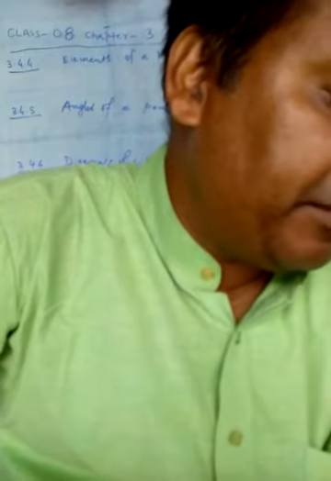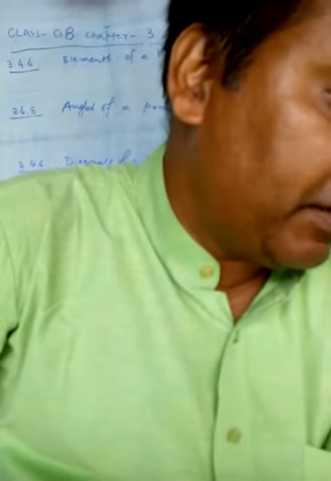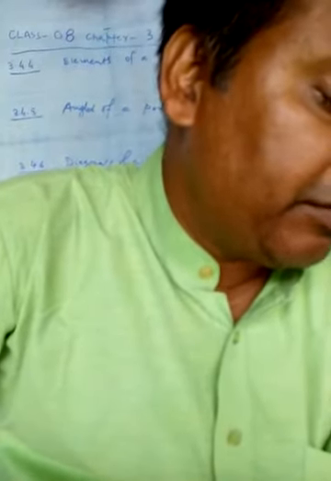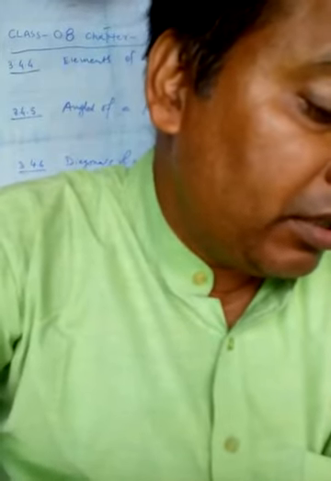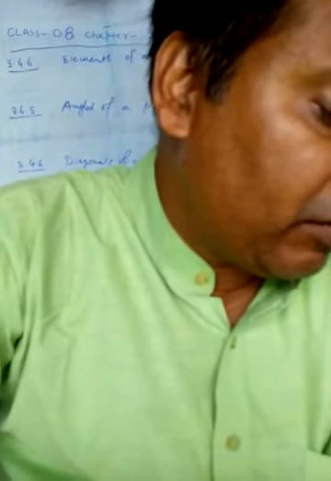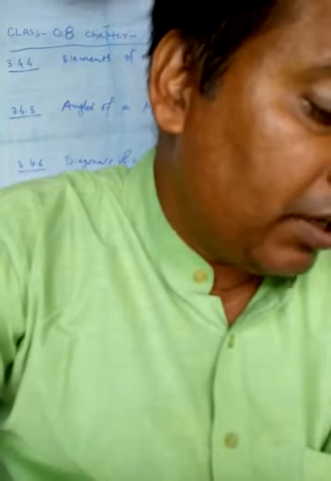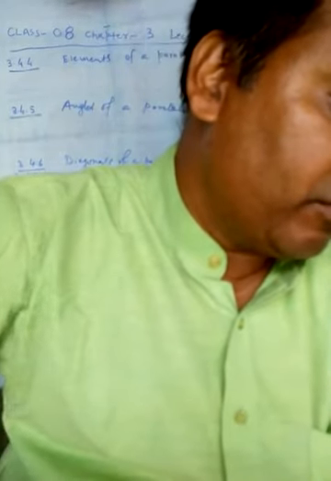If AC and BD are the diagonals of the parallelogram, see the figure 3.24, you find that angle 1 is equal to angle 2 and angle 3 is equal to angle 4.